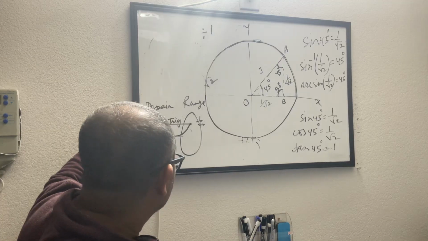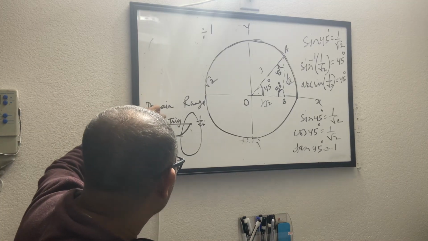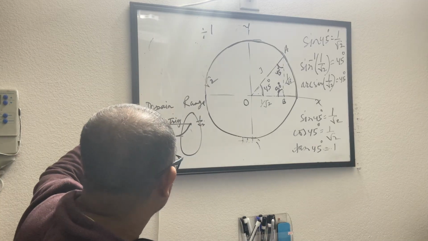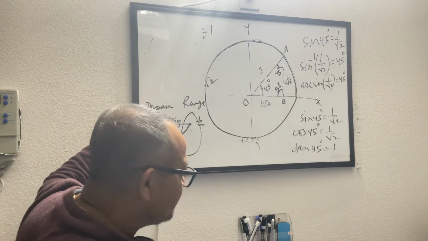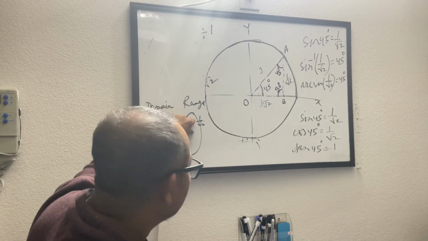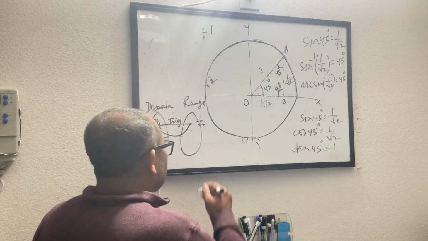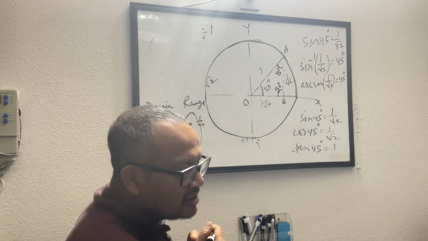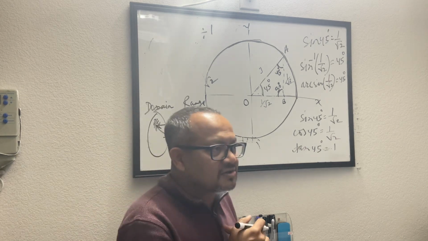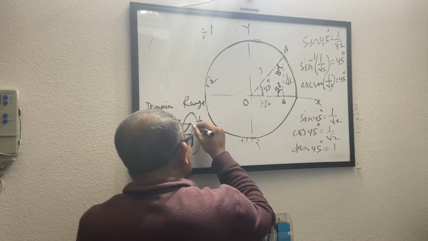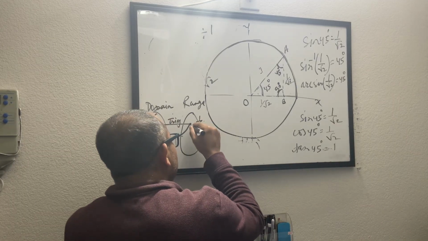You have the value of the angle, you put that in the trig function, you get a value. So you have a domain as your angle and you get the value of the trig function as a range. Now arc sine, arc cos or arc tan, or inverse trig function, basically says, okay, you know which trig function you are talking about and you have the range value.